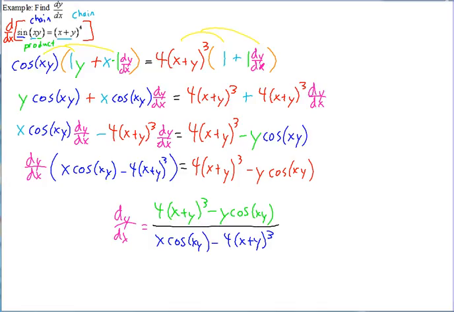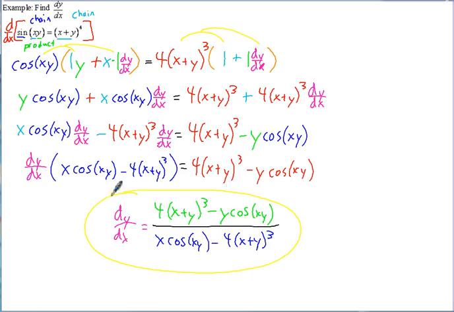And see if anything cancels again. It would have to be something we could factor out of the numerator, and there isn't. I know it's tempting to cancel out these 4(x plus y) cubes, but you can't do that because it's not in factored form. So that's as simple as it's going to get.